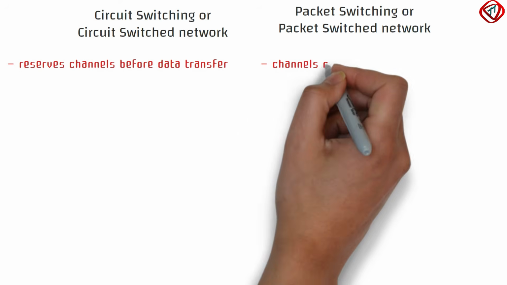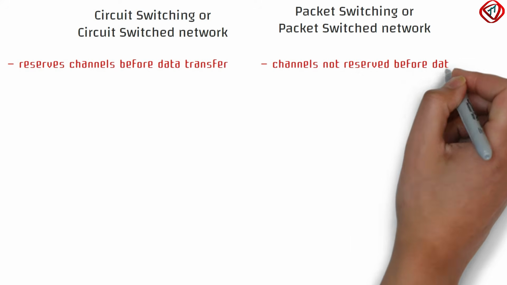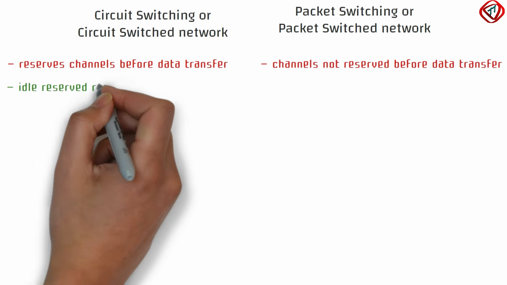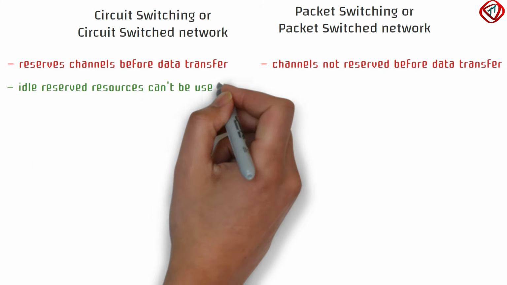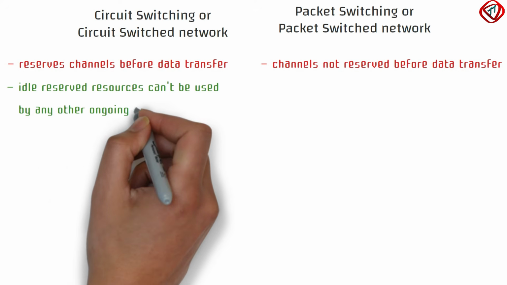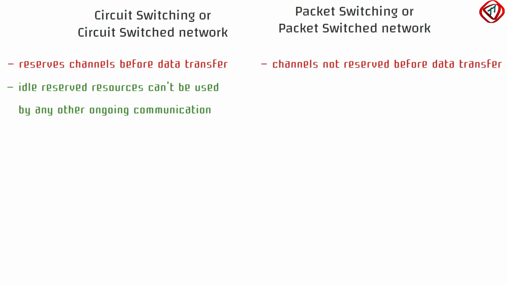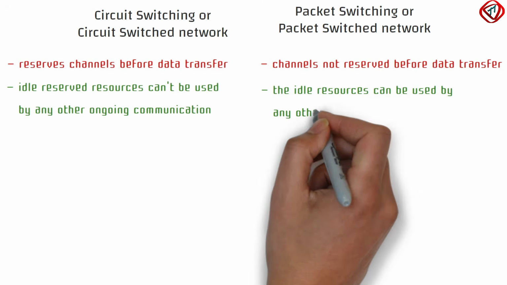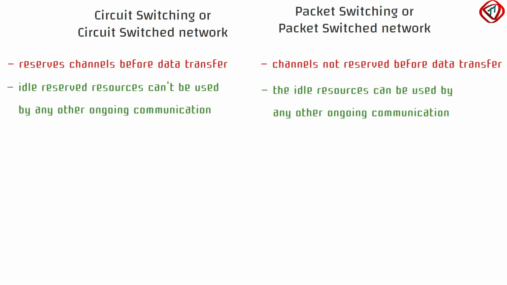Packet switched network or packet switching does not reserve resources before the data transfer. In circuit switching, the idle reserved resources or channels cannot be used by any other ongoing communication. In packet switching, the idle resources are allocated to other ongoing communication.